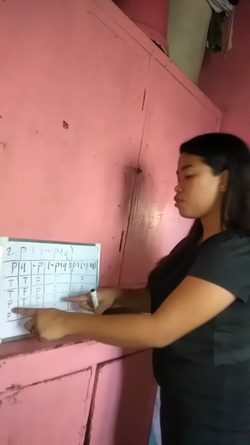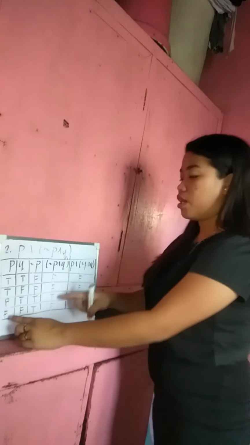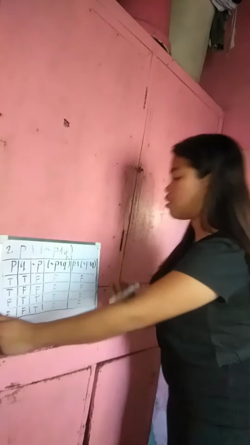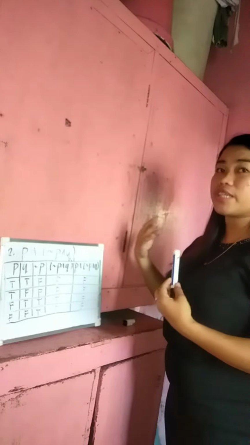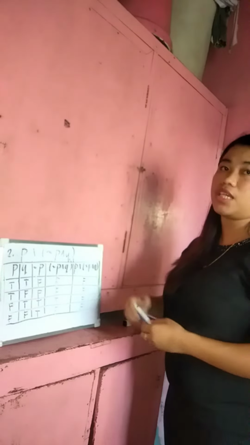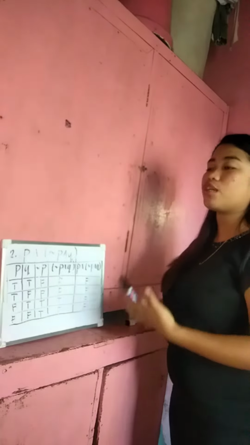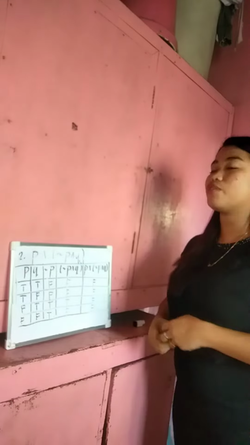One statement is false and one statement is true, so the entire statement will be false. And 2 statements are false, so the entire statement will automatically be false. So since all of these are false, this statement is a self-contradiction, because the definition of self-contradiction is a statement that is always false.